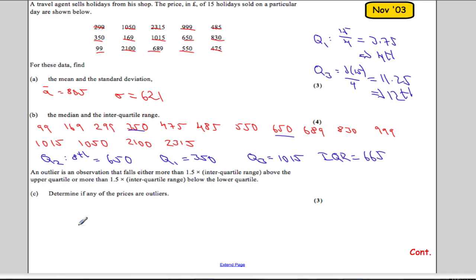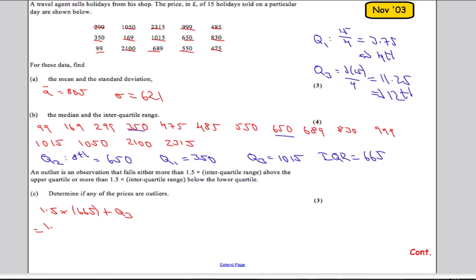Determine if any prices are outliers. So we got to do a quick test here. We need 1.5 times the interquartile range, which is 665, above the upper quartile. So I'm going to add on Q3.